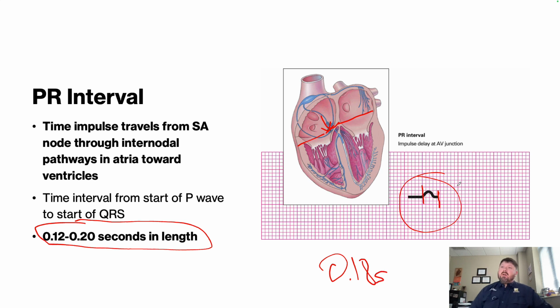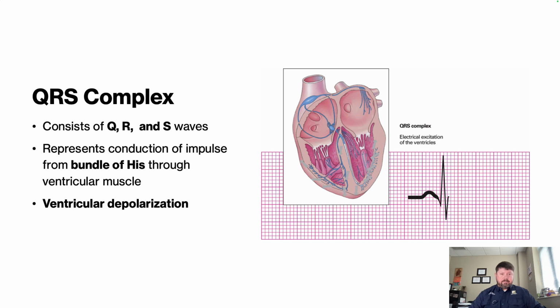So again, the PR interval is going to be from the start of the P wave to the start of the Q wave, and that's going to tell us the time that it takes for the impulse to travel from the SA node through the internodal pathways and the time that the AV node actually holds up the conduction. So again, in normal circumstances, the PR interval should only be 0.12 to 0.20 seconds.